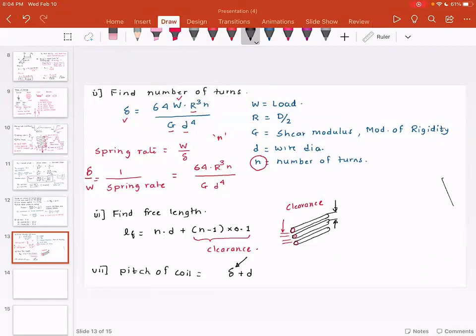If you want to find out the energy stored in the spring, it is 1/2 W times delta.